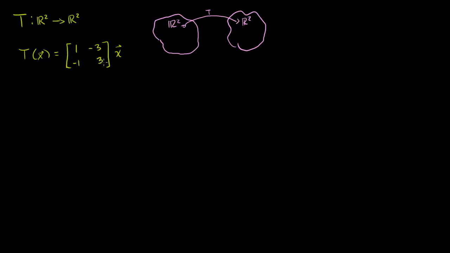So just to understand this transformation a little bit more, let's think about all of the values that it can take on in our codomain. So if we say that [1, -3; -1, 3] times any vector in our domain, x1, x2, it's going to be equal to some other vector in our codomain. Let me call that vector b. b is a member of R2.